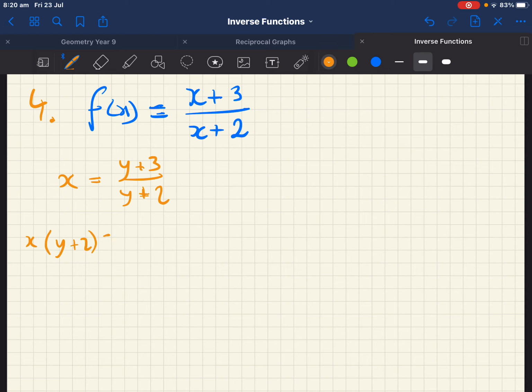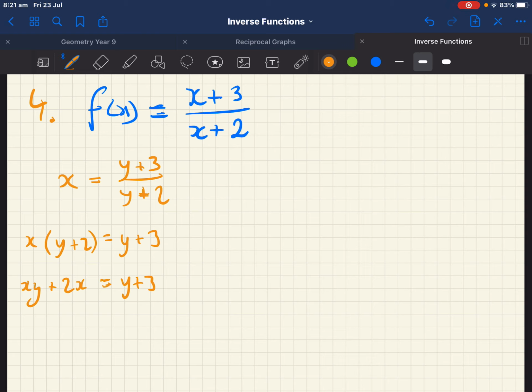There's a couple different ways to do this, to be honest. My inclination would have been to originally simplify this right-hand side, but let's pretend I didn't see that and I just go ahead with this method. We end up getting this. I'm trying to get y by itself. Let's collect these y's.